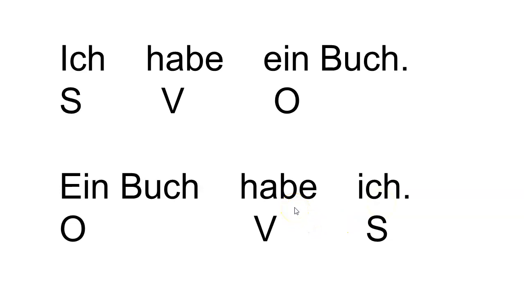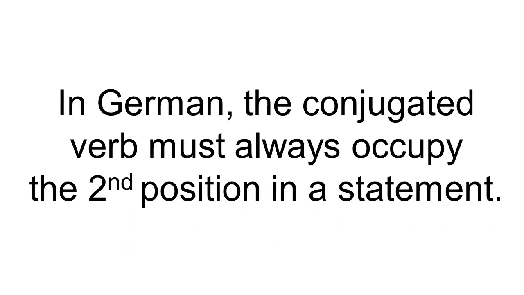The subject pronoun has to immediately follow the conjugated verb. So if there's a fourth position, the subject pronoun will be in the third position immediately following the verb. So we have, as an alternative to Ich habe ein Buch, Ein Buch habe ich. A book I have, literally, and it means the same thing. I have a book. So again, the rule is conjugated verb must always occupy the second position in a statement.